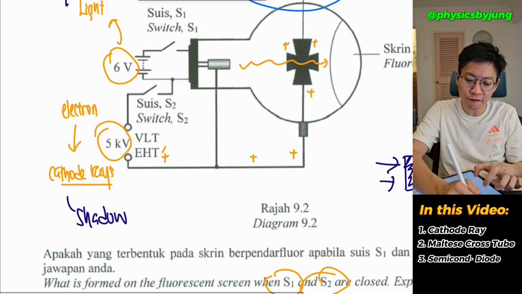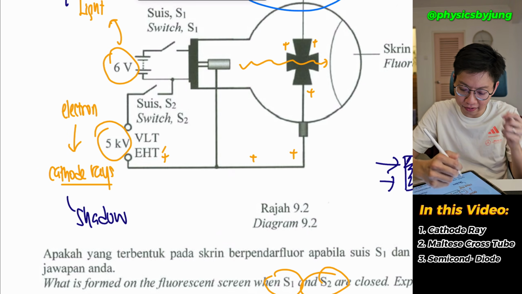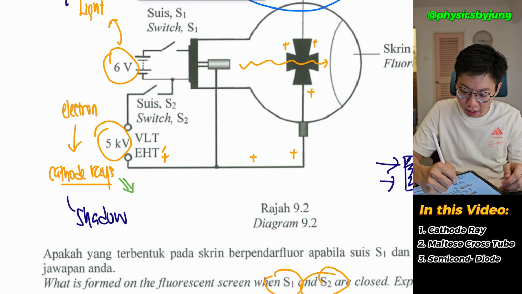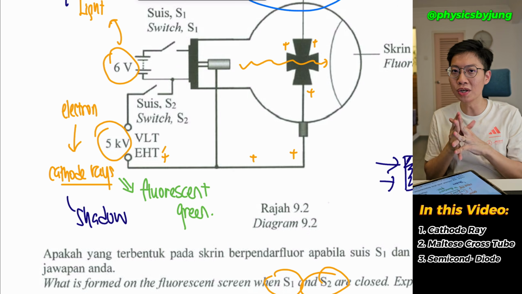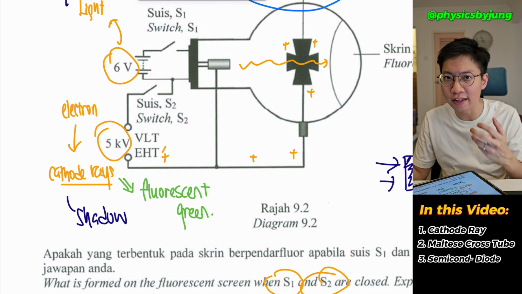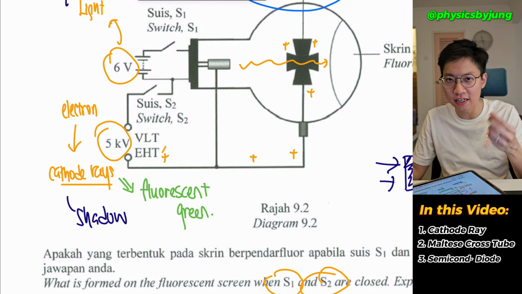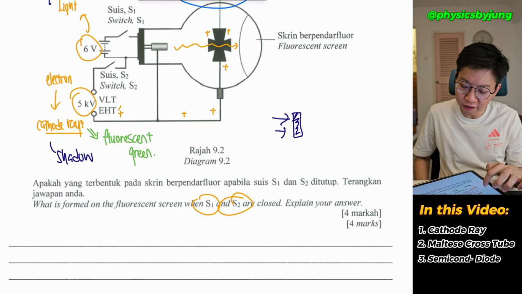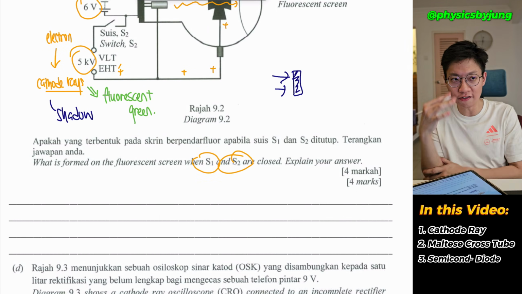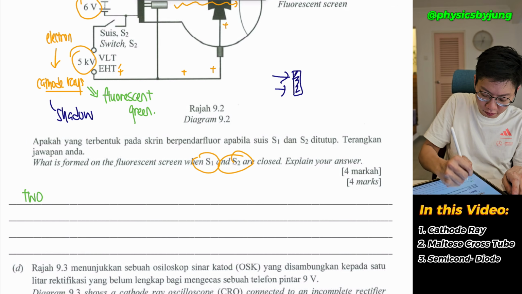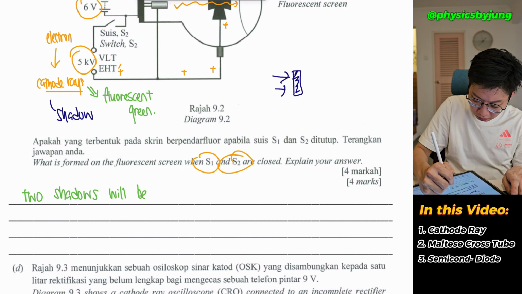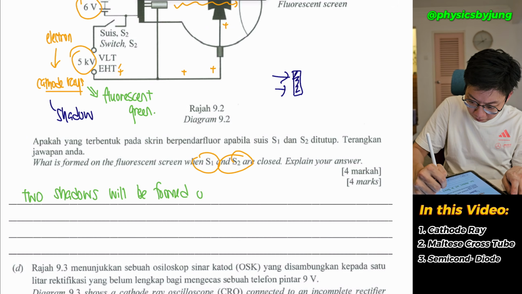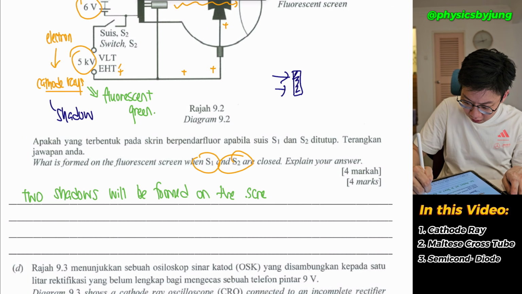The light that's formed by a cathode ray is usually fluorescent green. Okay, so we can say a green shadow is formed, a fluorescent green shadow is formed. So the first statement I will say before even I start writing, I will say two shadows will be formed on the screen.